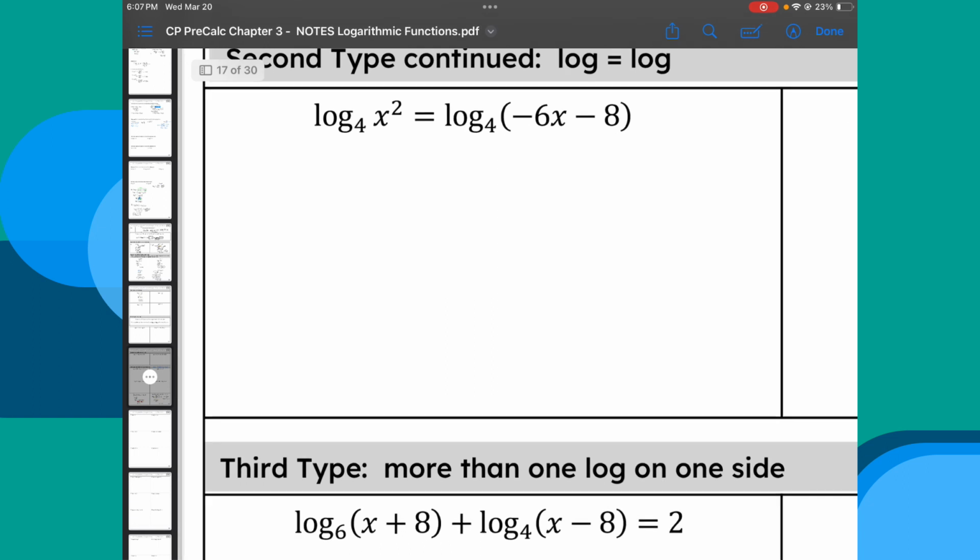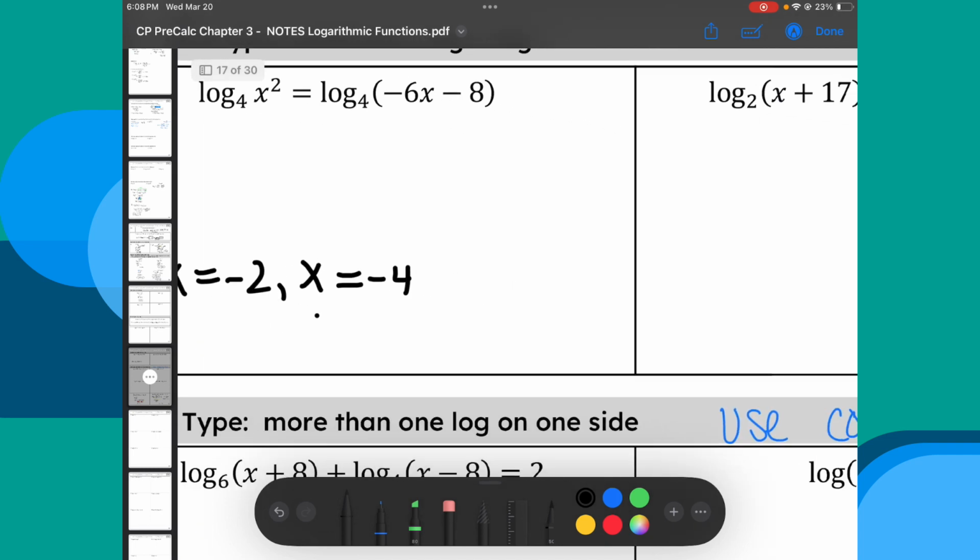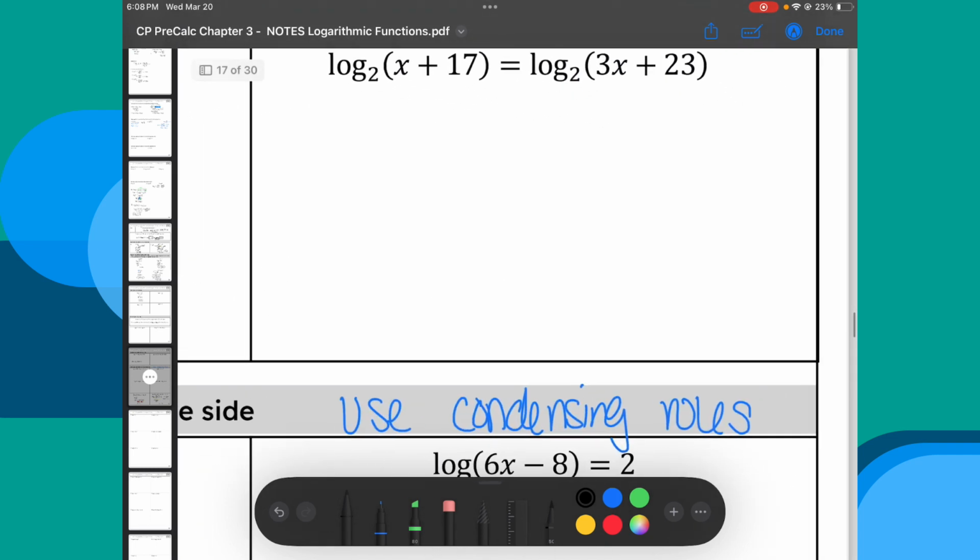On the next page at the top, we have x is equal to -2. Excuse me, x is equal to -4. Nothing's extraneous there. And then this last one, we get x is equal to -3.